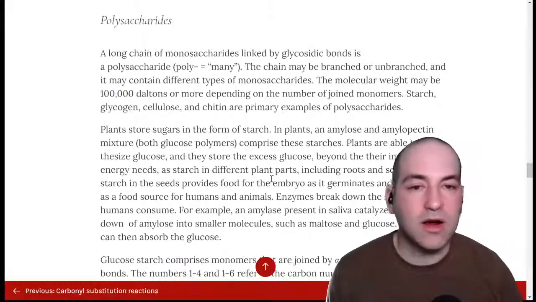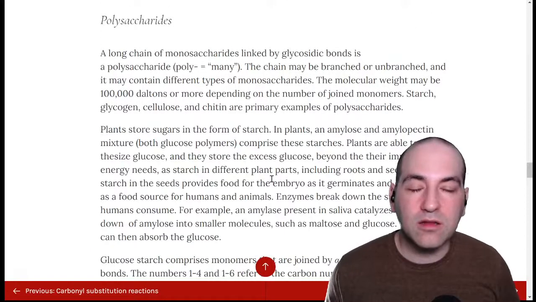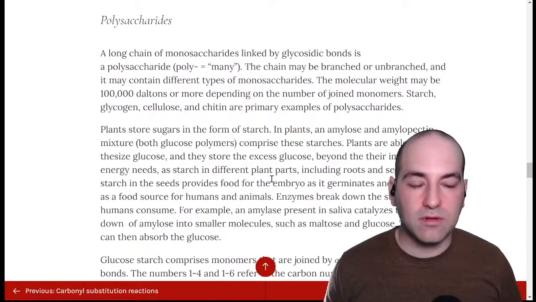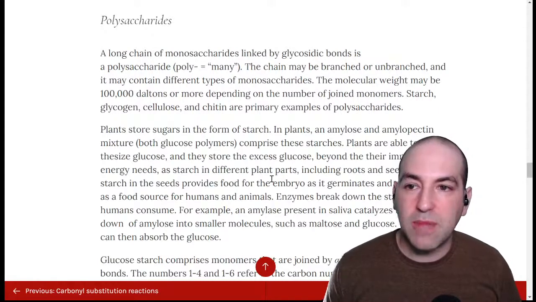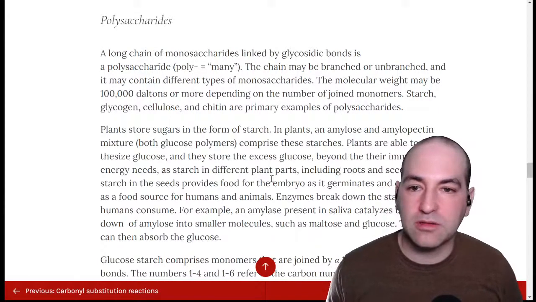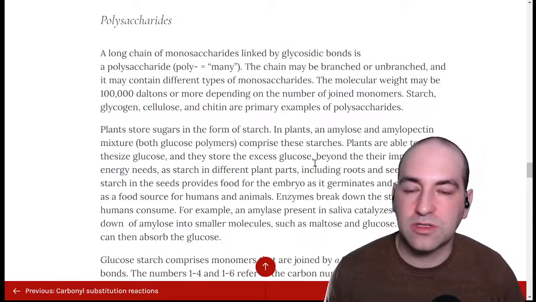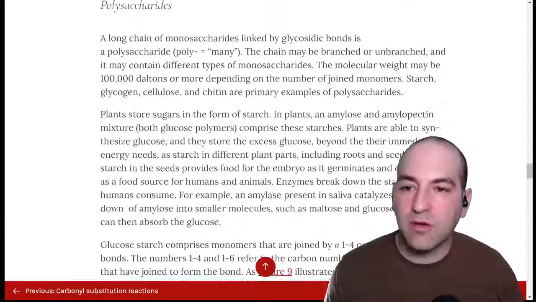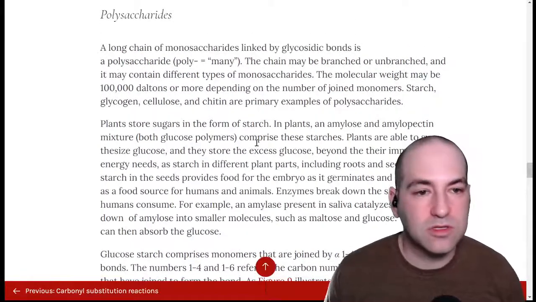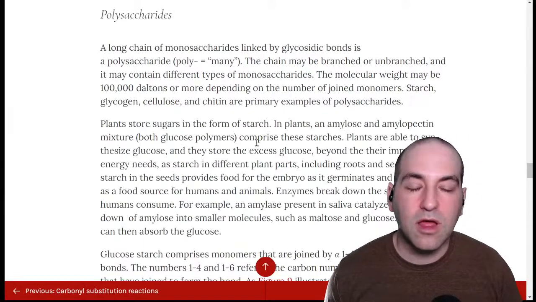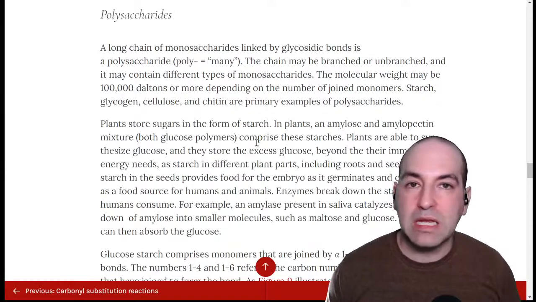All right, and then we get to our final category of sugars or carbohydrates, polysaccharides, also known as sometimes starches or cellulose. And these are what we call polymers of glucose. So this is where you take a glucose molecule and connect it to itself many, many times.